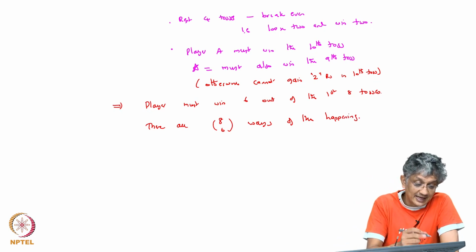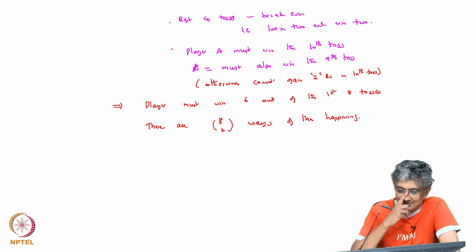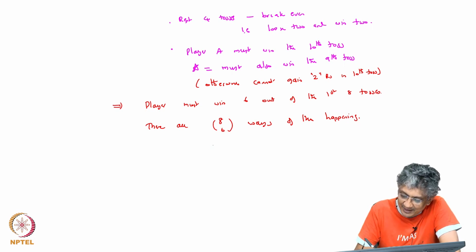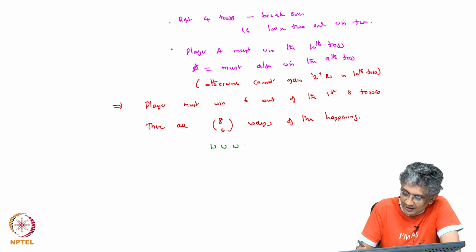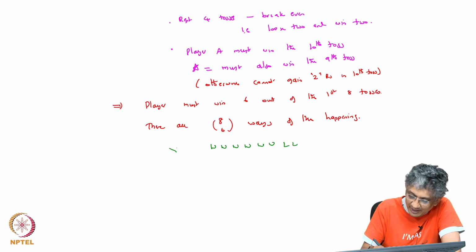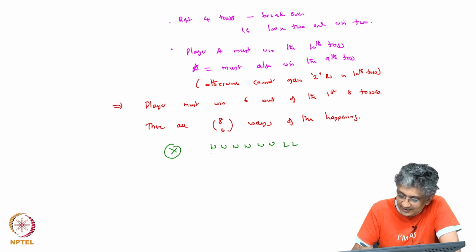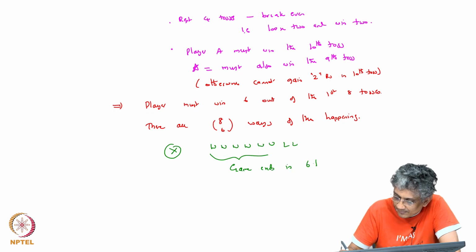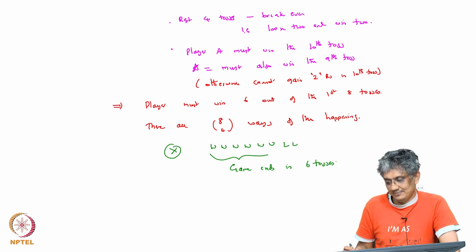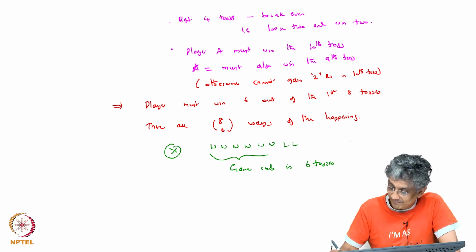But there's one small catch now. What's the catch? The player A cannot win 1, 2, 3, 4, 5, 6 and then lose, lose. This is not allowed, because this would imply the game ends in 6 tosses. So it's not allowed.